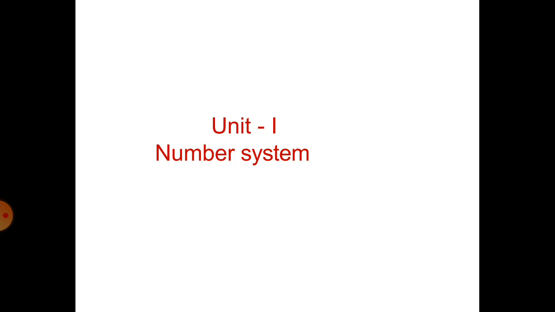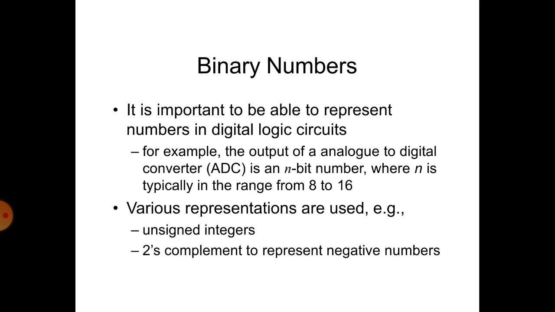So in unit 1, number system. This slide shows the binary number. In number systems we have many types: decimal number system, binary number system, octal number system, hexadecimal number system. It is important to be able to represent numbers in digital logic circuits.